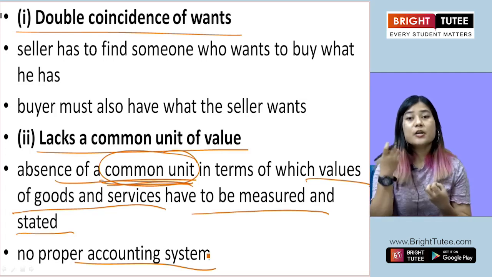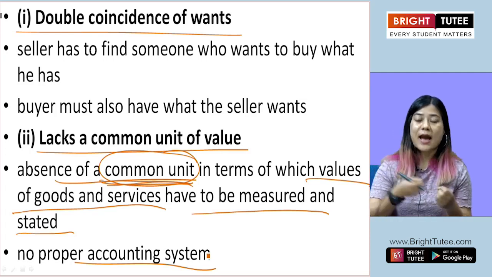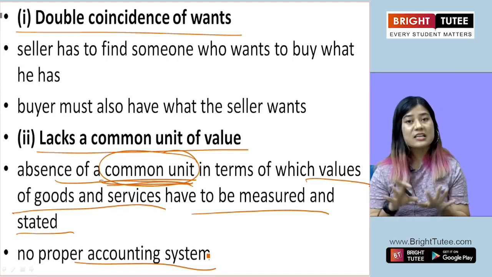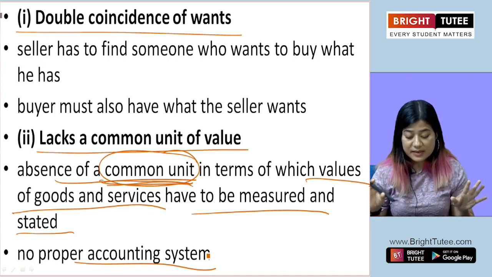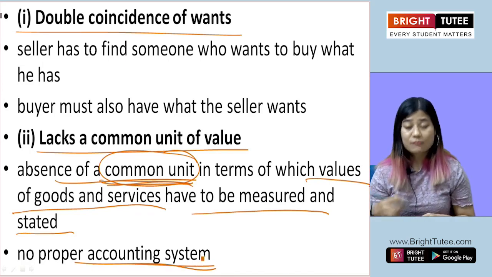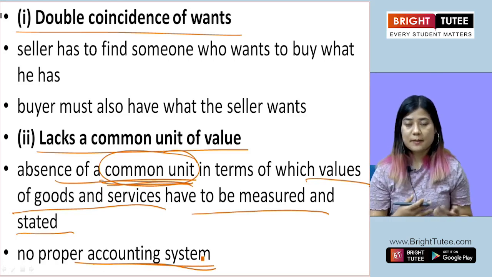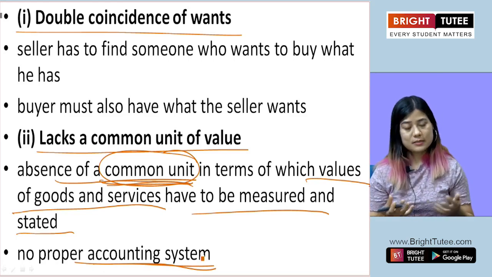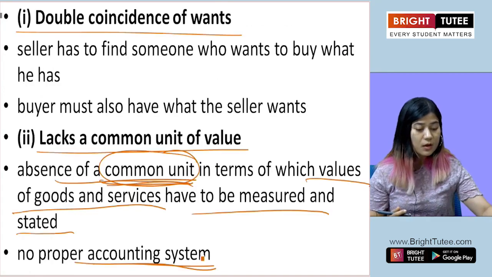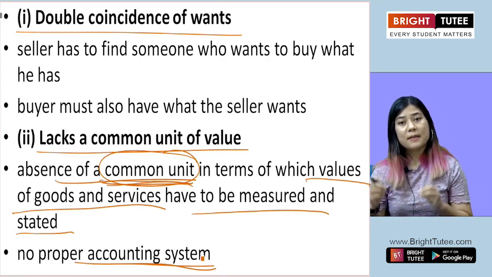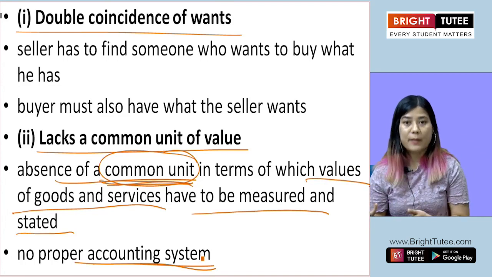So there is a unit of measurement and value added to the commodity that you purchase. Those things were absent, and because of that, there was no accounting system maintained during the earlier time because of this barter system. So these two were the main difficulties faced during the use of the barter system.